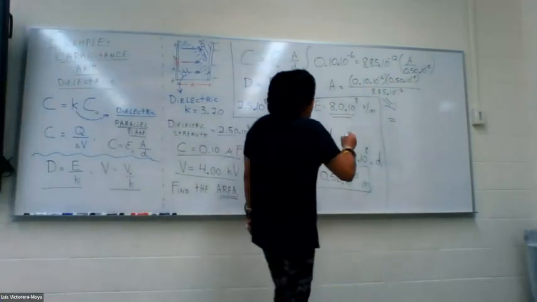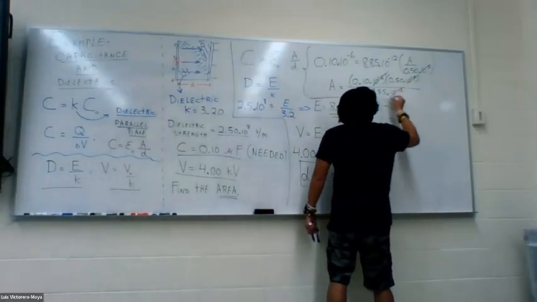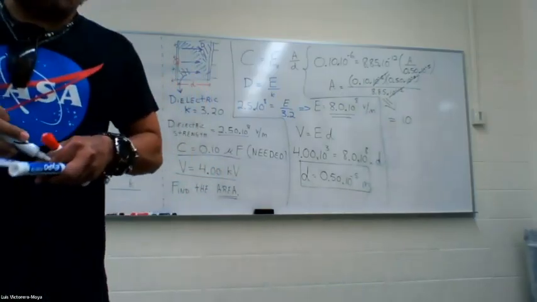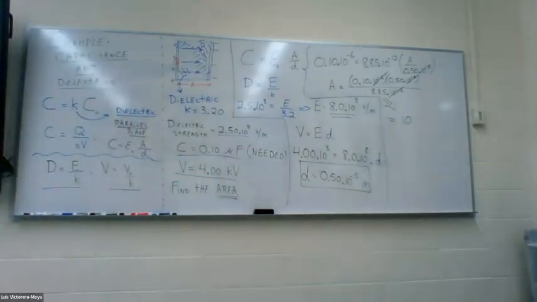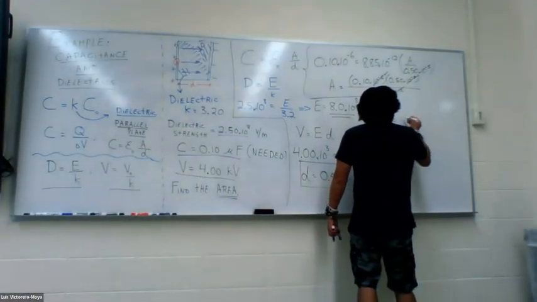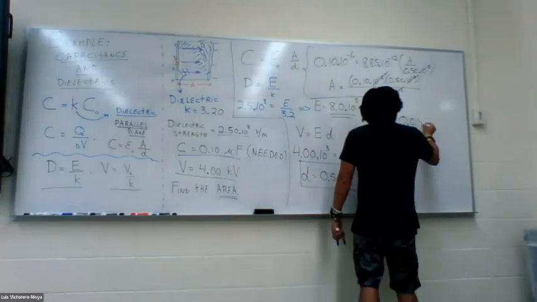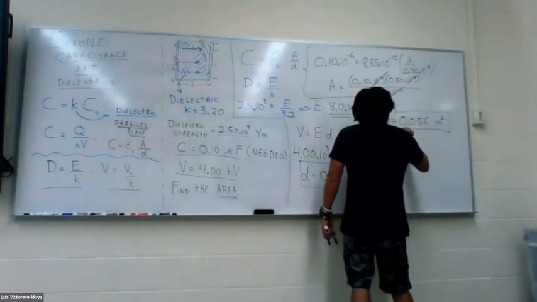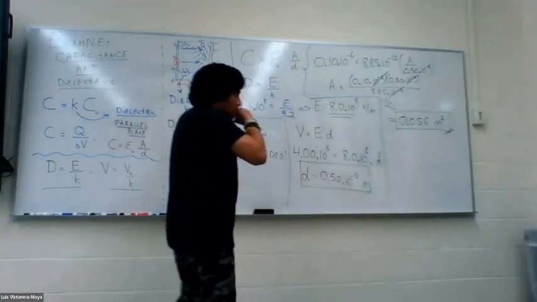All of those powers of 10 will give me 10. 0.10 times 0.5 is 0.05. 0.05 divided by 8.85 is 0.005649, multiplied by 10, I get 0.056. So 0.056 meter squared. And that's the area between the plates.